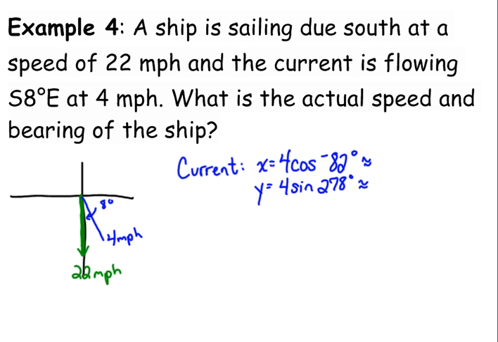What do those components end up being? 0.6. Negative 3 point. Well, let's do 0.96. Let's do that so we don't round it to a whole number. Okay. Now, how about the ship?